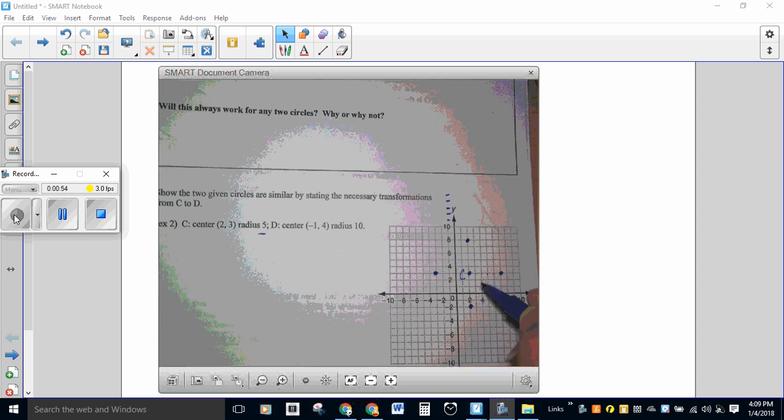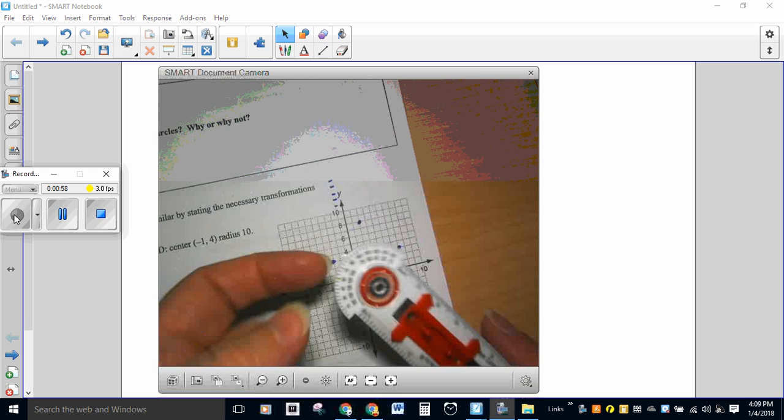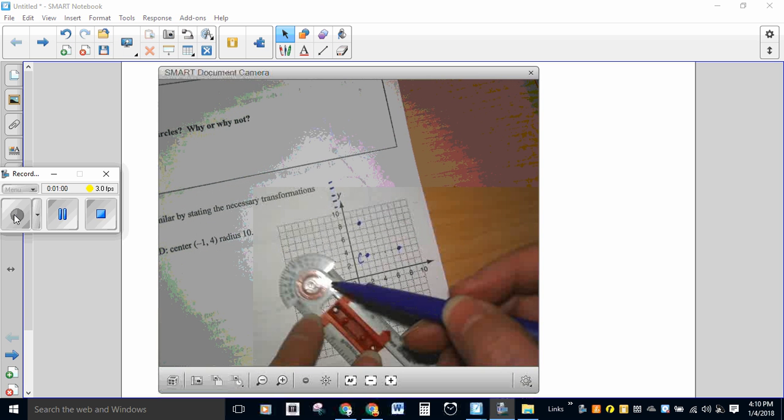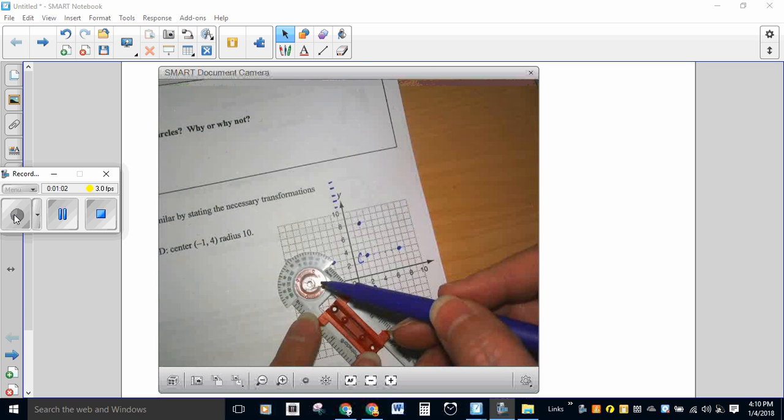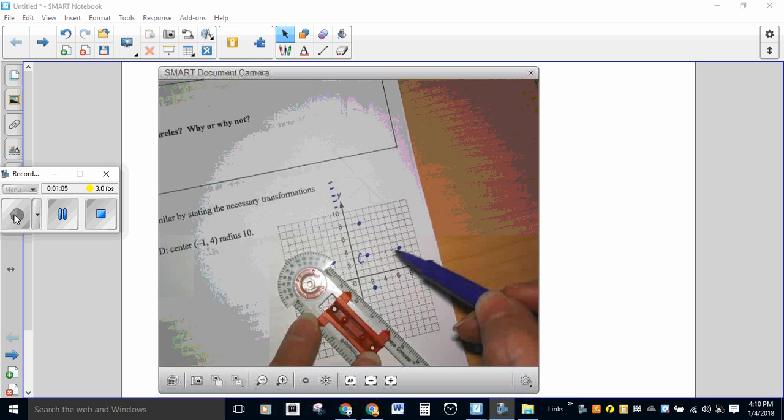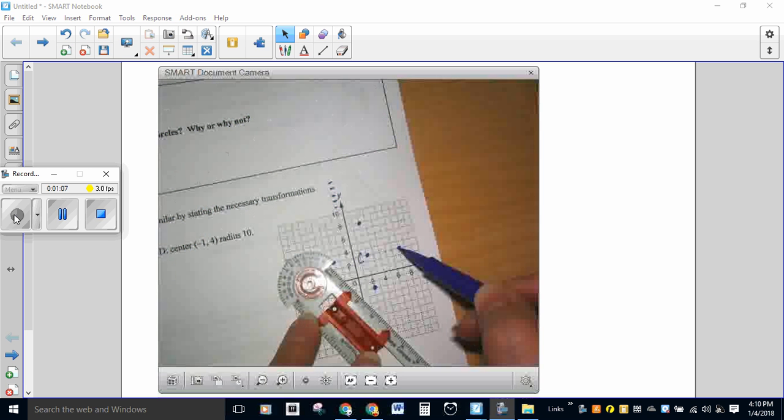Then we're going to take our compass and place the point on our center, and adjust the compass to make sure we're on top of one of our points.